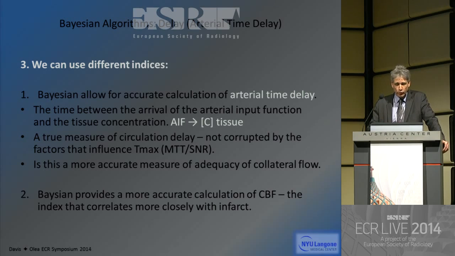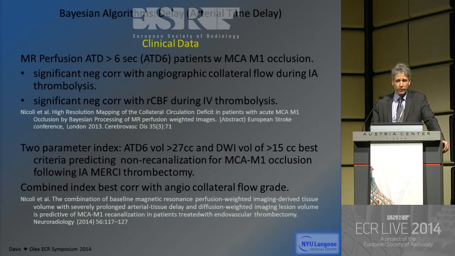Secondly, because you have a more accurate calculation, you have a more accurate calculation of CBF, and that's the index that we want to use to estimate what the infarct volume is. So we have limited clinical data since Bayesian algorithms have not been around very long.